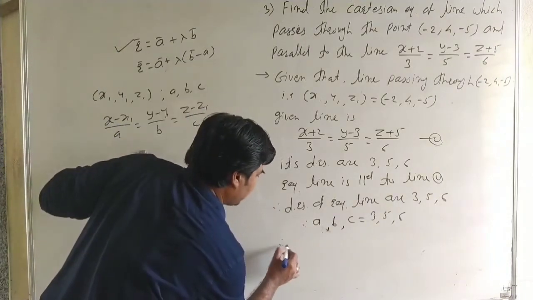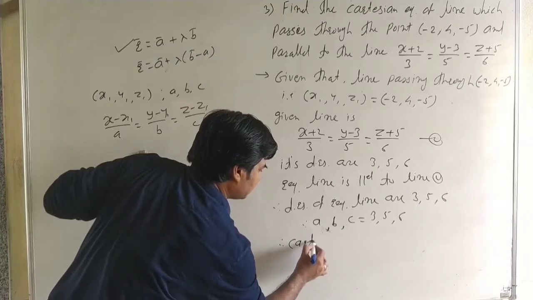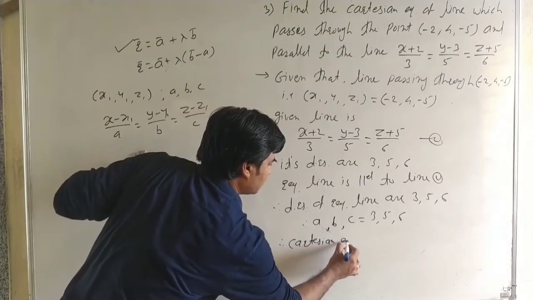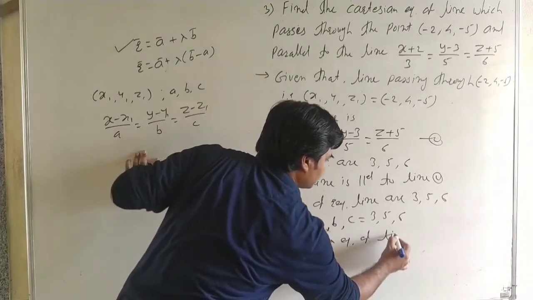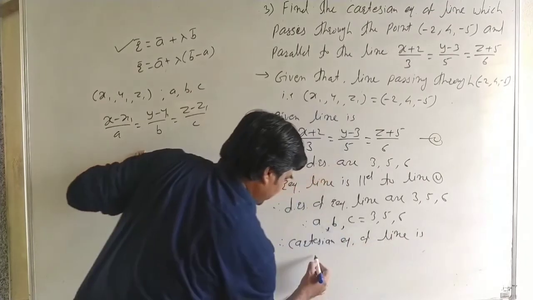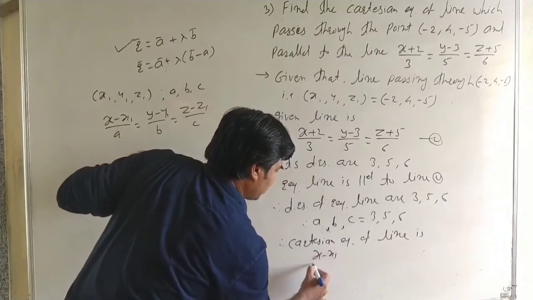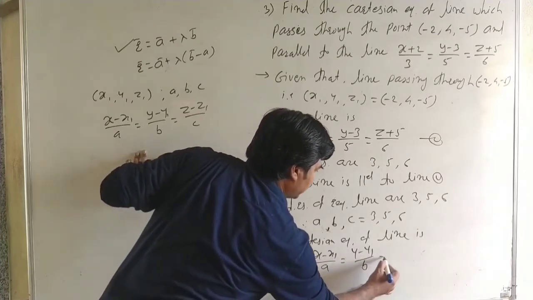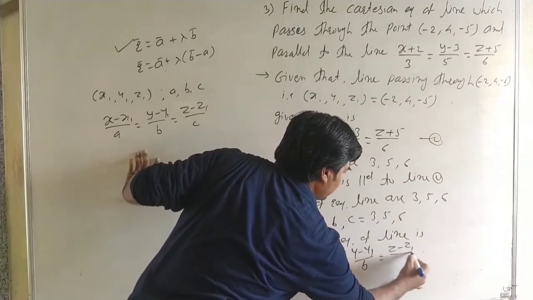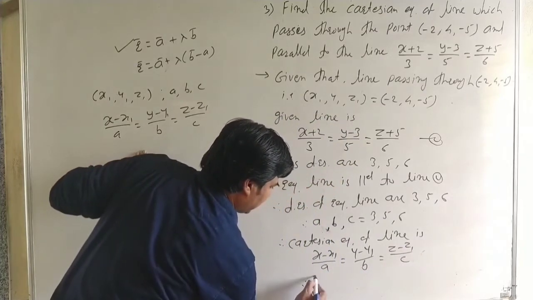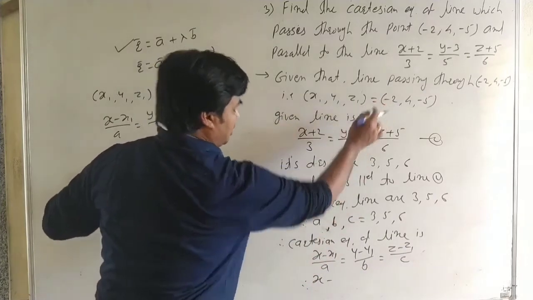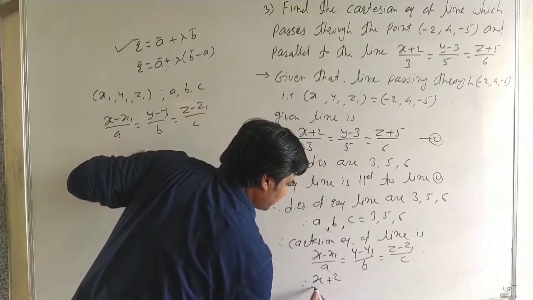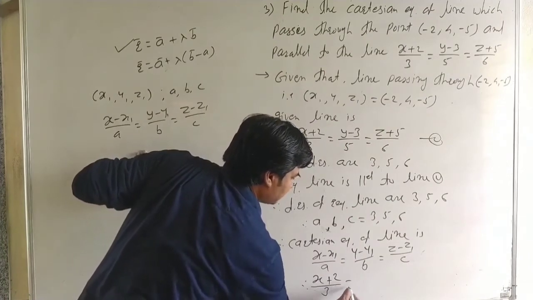Now the Cartesian equation of the line is (x minus x1)/a, (y minus y1)/b equal to (z minus z1)/c. Therefore we can write x minus x1, it is -2, so x plus 2, upon a, it is 3.